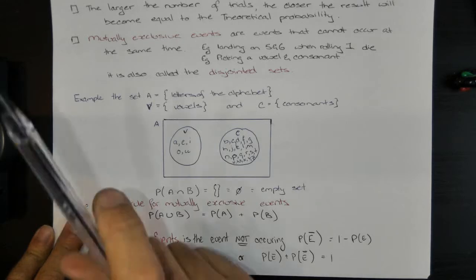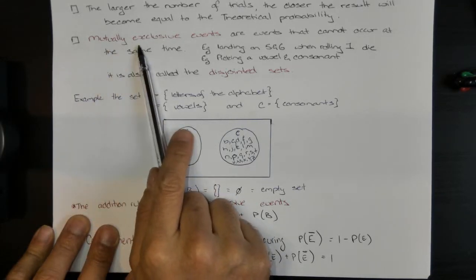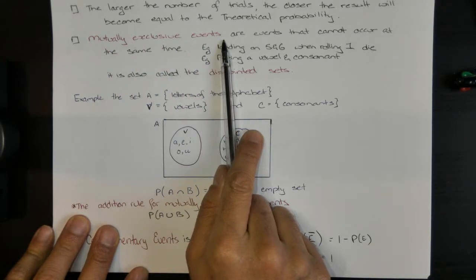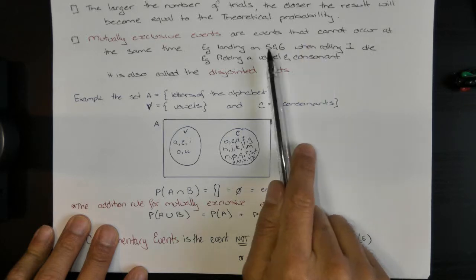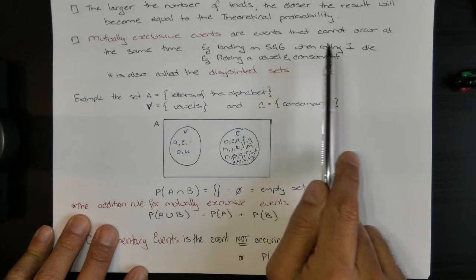Okay. It's also important to understand what mutually exclusive events are. These are events that cannot occur at the same time. So, for example, if I was to roll a dice, I can't land on a 5 and a 6 at the same time because there's only one die.